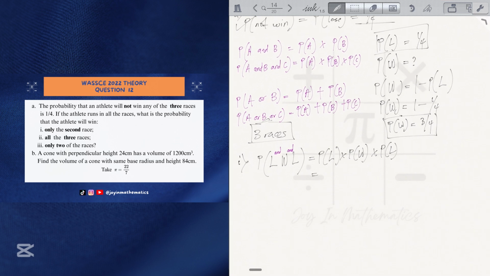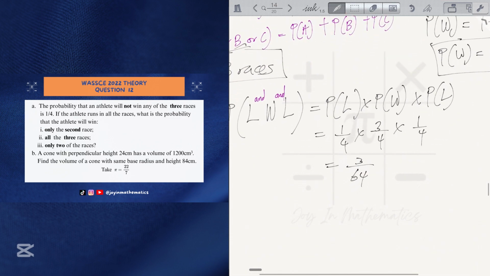Probability of lose is 1 over 4. Probability of win is 3 over 4. The probability of losing is 1 over 4. So with this, we have 3 divided by 64. So the probability that the guy will win just the second race is 3 over 64.